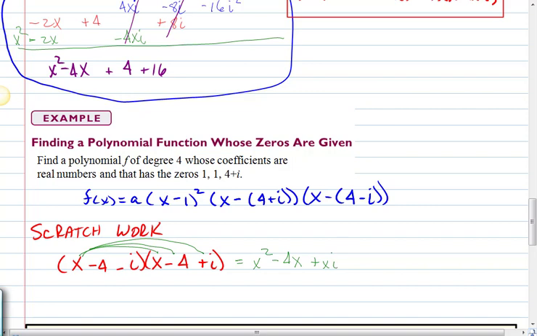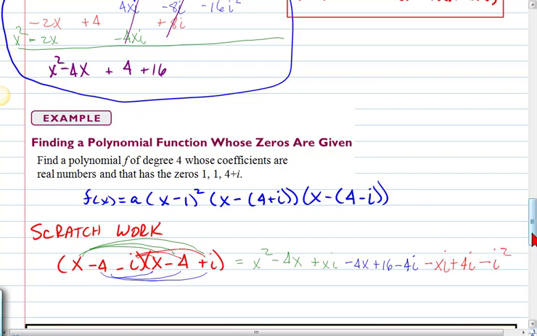And then we're going to distribute the negative 4 to each of these terms, and that's going to give us minus 4x plus 16 minus 4i. And then we can distribute the i to each of these three terms, and that's going to give us minus xi plus 4i minus i squared.